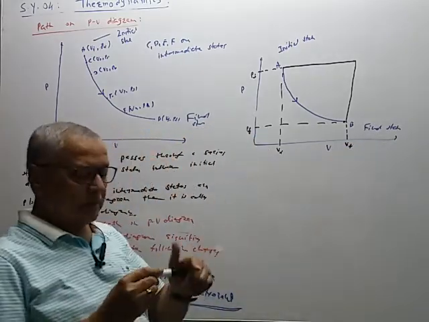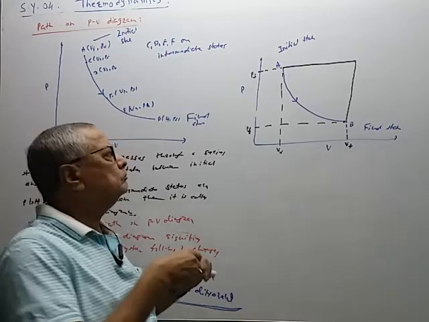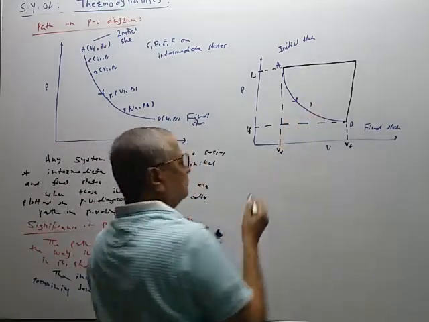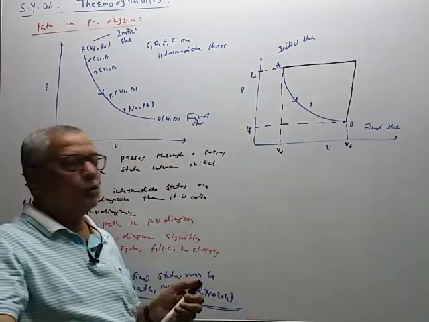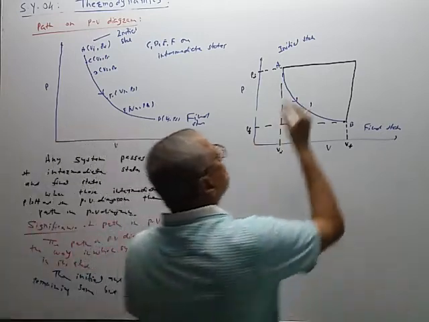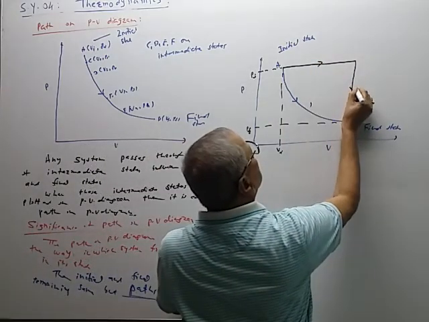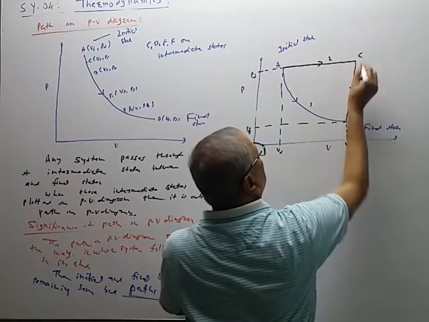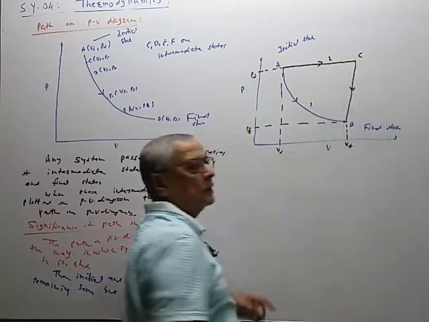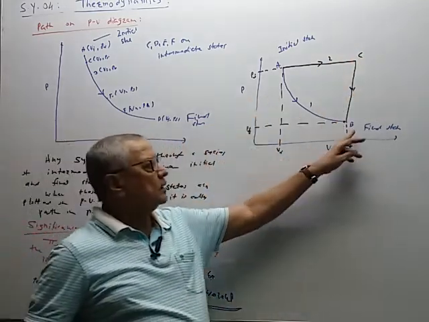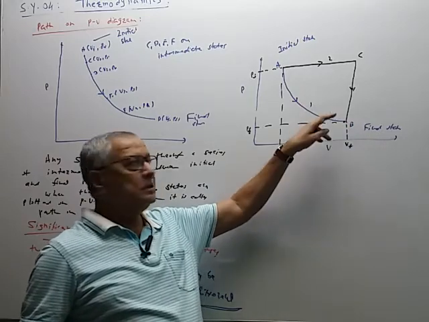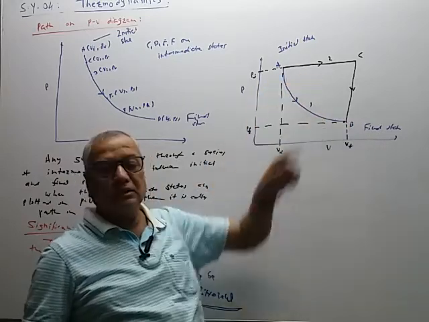So this is path number 1. This is path number 2, ACB, like this. Initial and final states are the same, but the path is different.